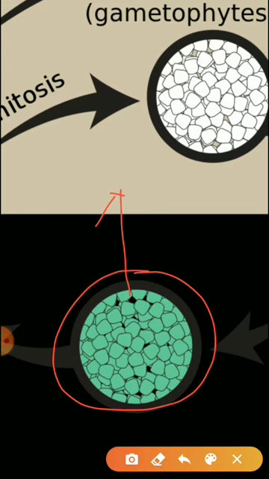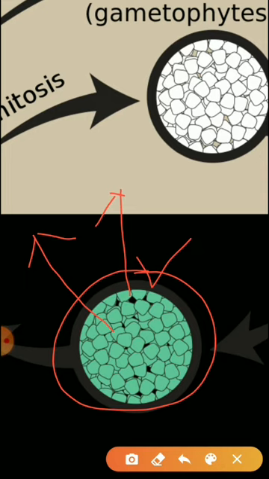What is desiccation? Drying of body, and from extreme temperature. When the condition becomes favorable, what will break? The cyst wall will break and the spores will come out. And later on it will grow as a new individual.